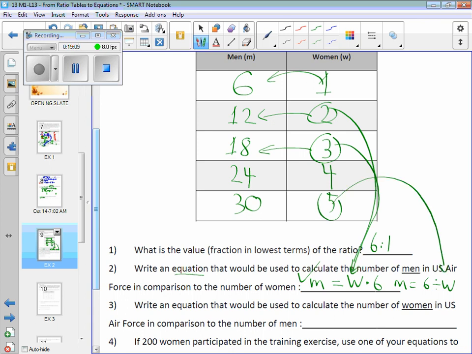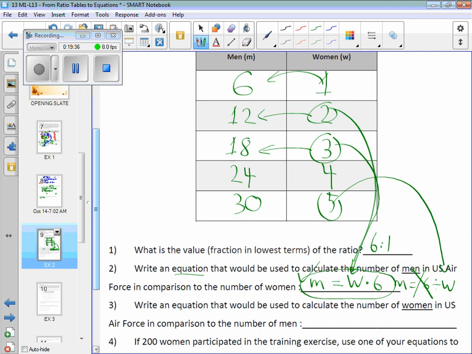Is 6 divided by 5 equal to 30? 6 divided by 5? No. Can't work. After you come up with what you think the equation is, test it by substitution. And as you'll see, the only one that's going to work here is the one that we've just done. W times 6 is going to make your M.